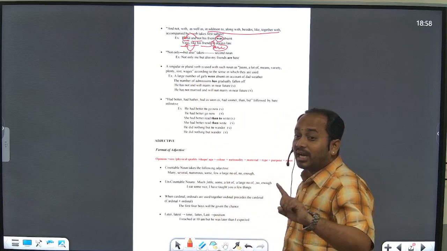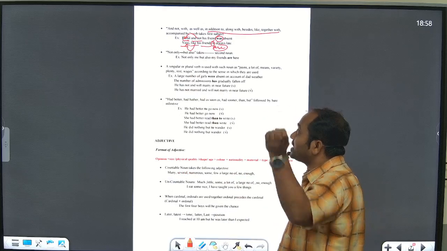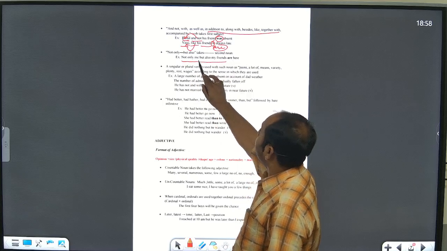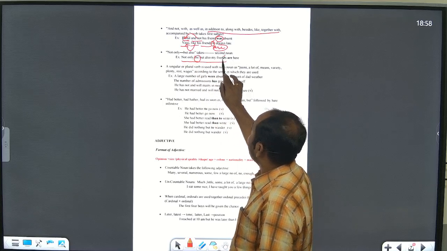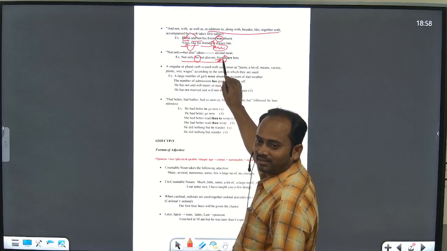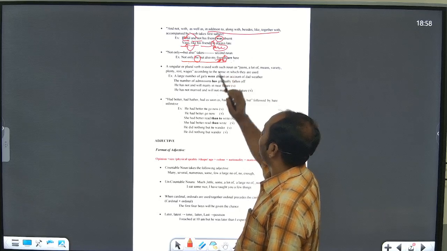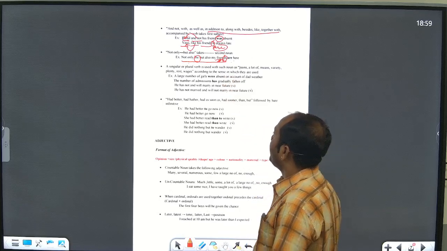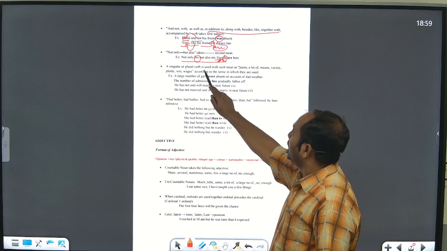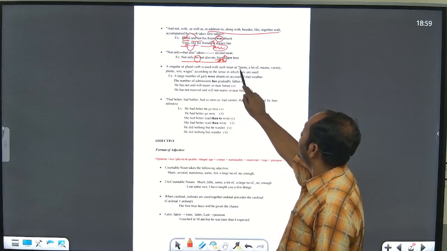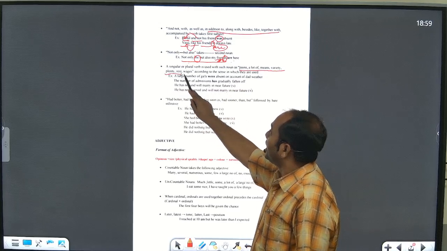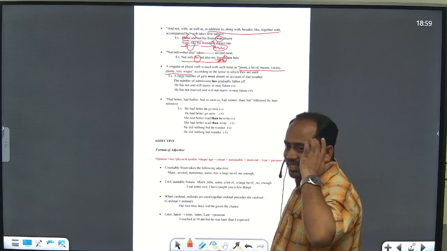But when it comes to not only but also, it always takes the second subject. Not only me, but also my friends are here. Here, not only but also means we should consider the second subject. The second subject is plural, that's the reason for are. Okay. And next, a singular or plural verb is used with nouns such as lot of, means, variety, plenty, rest, wages, according to the sense.